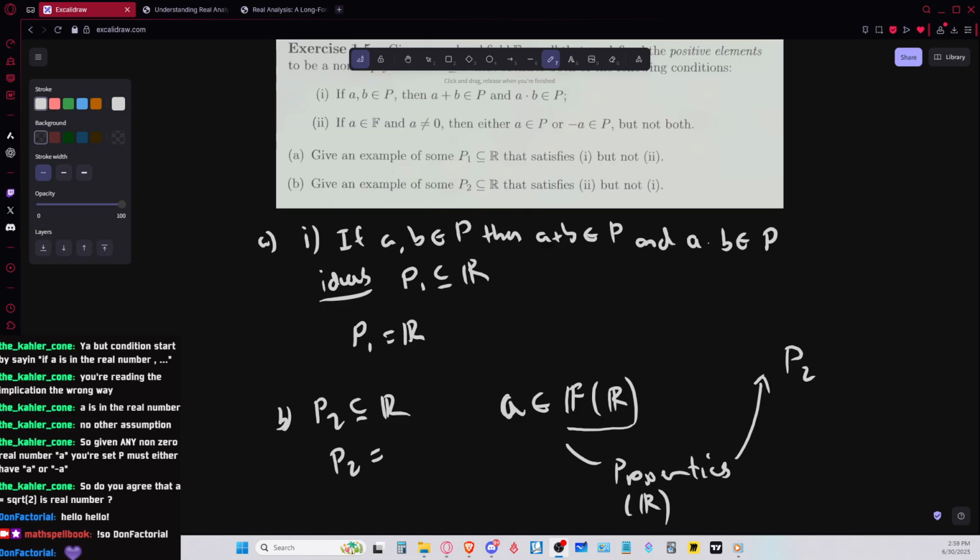So do you agree that the square root of 2 is a real number? Yes. And I know that if A is in the real numbers, then we would also have to include the negative square root of 2. Yeah, I'm just basically struggling on this one question. And it's not even a proof question, it's just an example question.